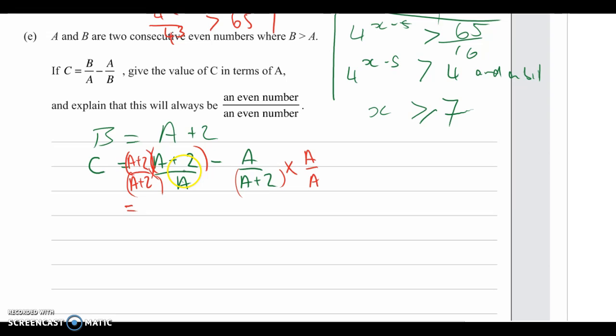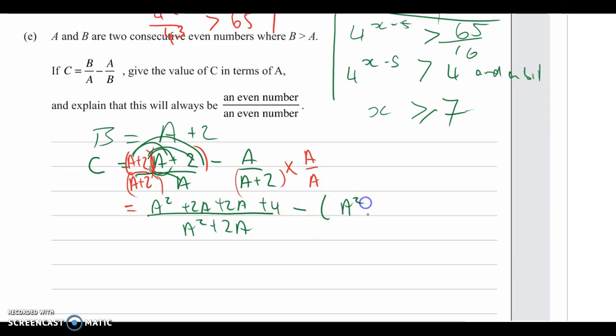A plus 2 times A plus 2 will give me A squared plus 2A plus 2A plus 4 over A squared plus 2A. And then I'm minusing A squared over A squared plus 2A.